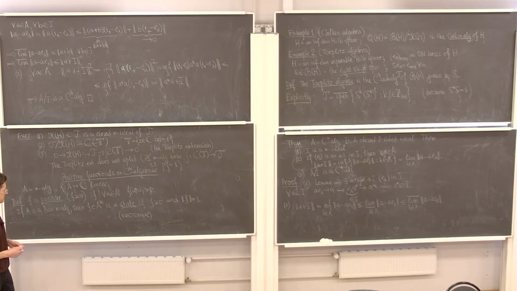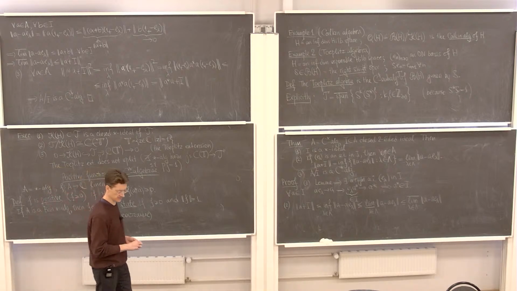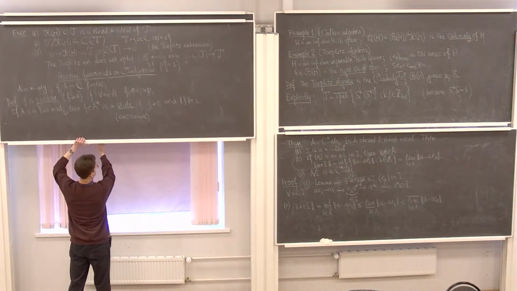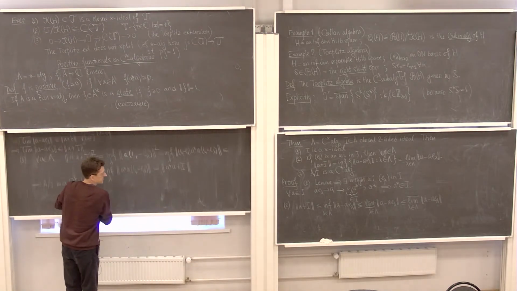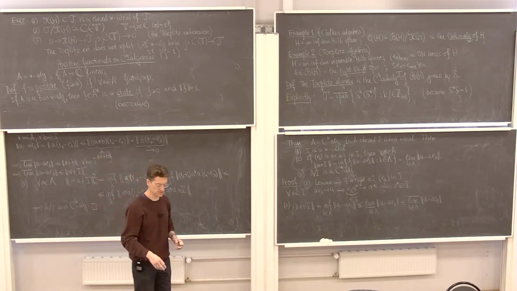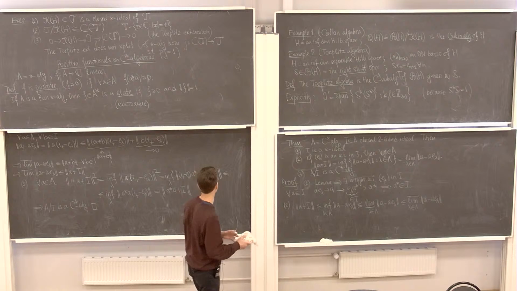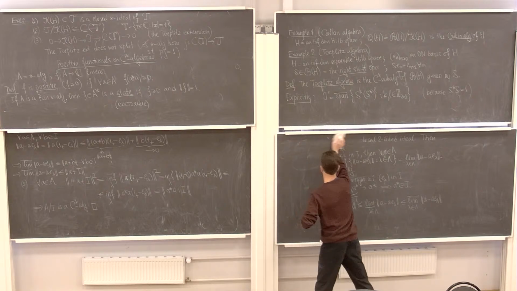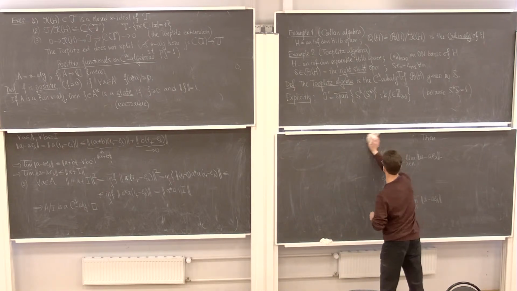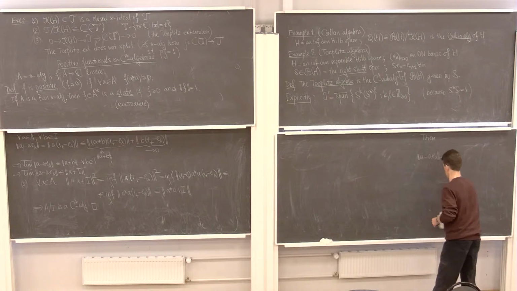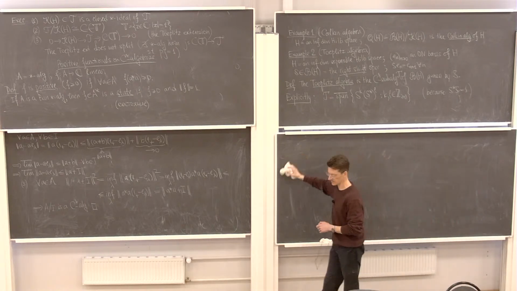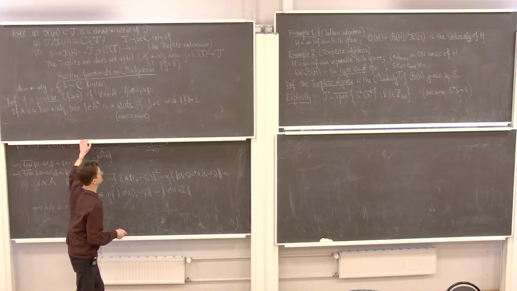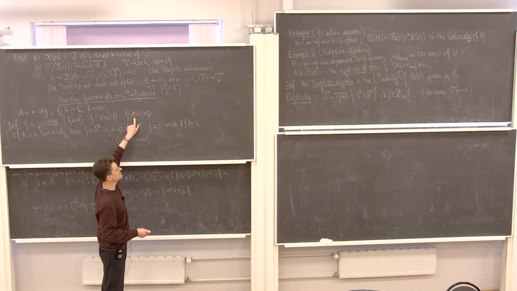States, that is positive functionals of norm 1, naturally appear in quantum mechanics. Maybe I'll tell you a little bit more about this later. And for our purposes, states are important because, as we will see soon, they are closely related to representations of C-star algebras. If we now assume that A is a C-star algebra, then let's recall that elements of this form are positive.